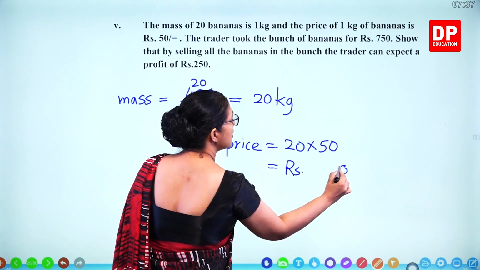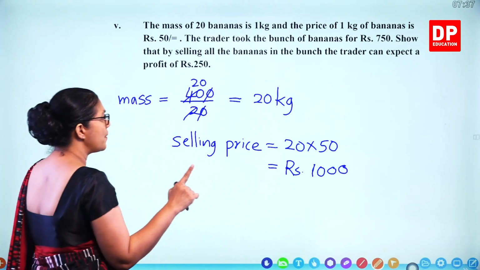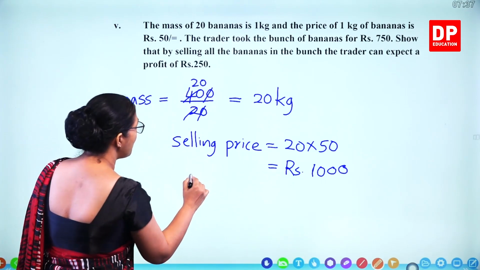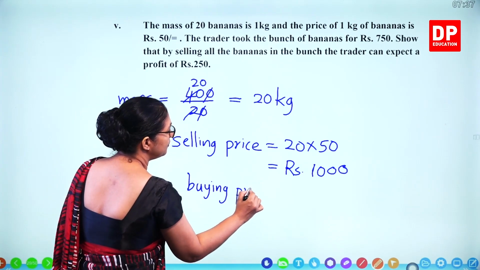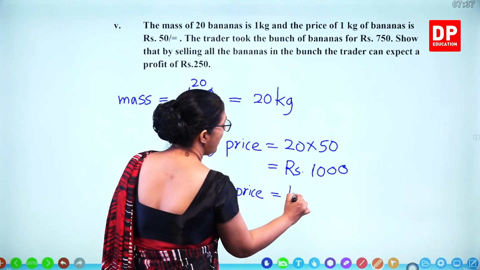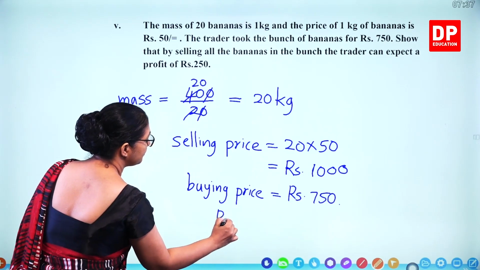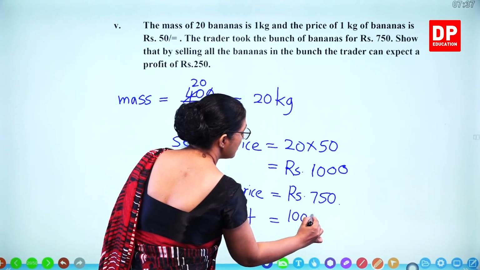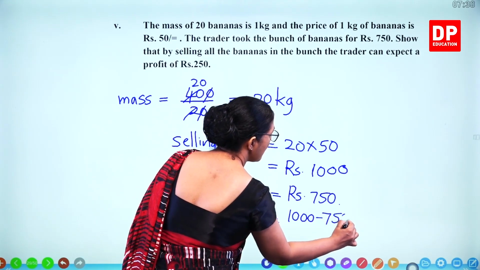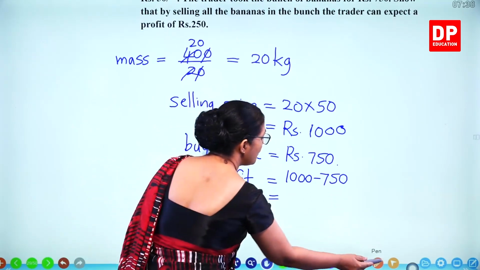You get 1000 rupees. So 1000 rupees selling price, buying price, it's given 750 rupees, and the profit 1000 minus 750, 250 rupees.